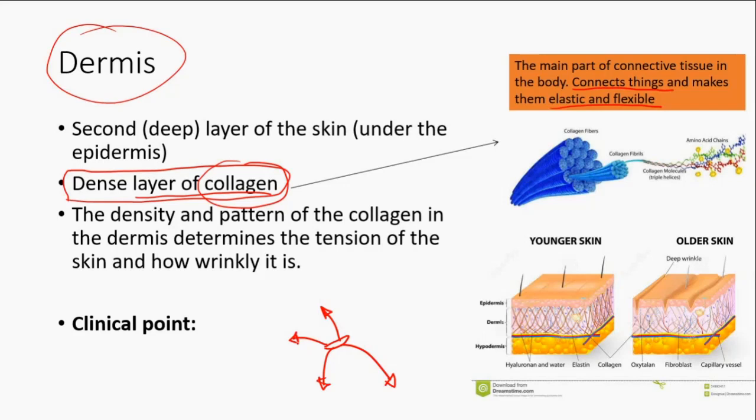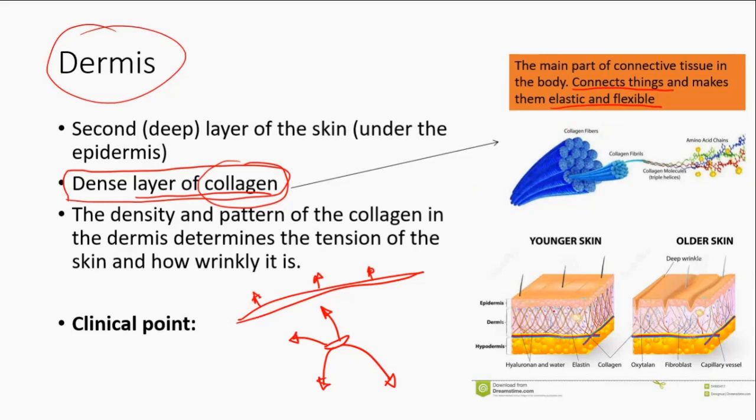If you want to look at what's inside, you have to make a much larger incision, because you can't really stretch the skin anymore. My main point is that collagen is the reason why things are stretchy and tight in our body, and it's also something that holds structures together.